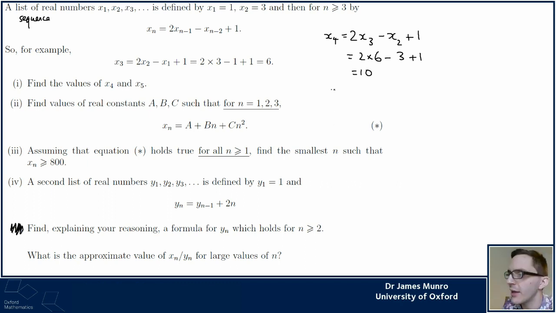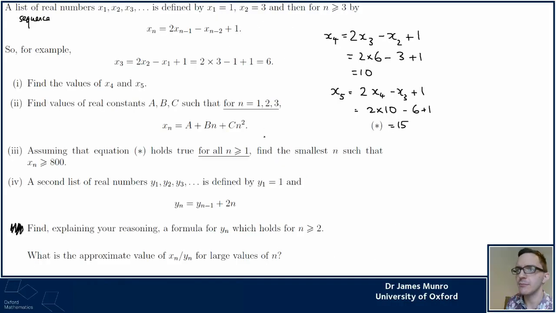Fantastic. Okay, and then x5 is going to be 2 times x4 minus x3 plus 1, which is 2 times, the previous thing was 10, minus x3 was 6, plus 1, that's 15. Okay, brilliant. So our sequence so far has gone 1, 3, 6, 10, 15.